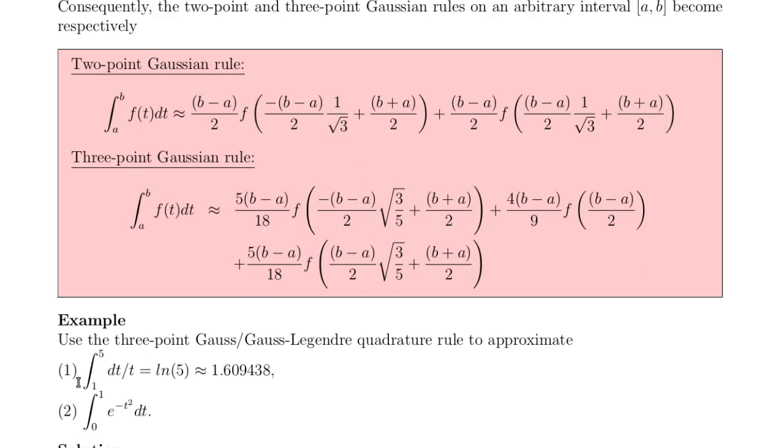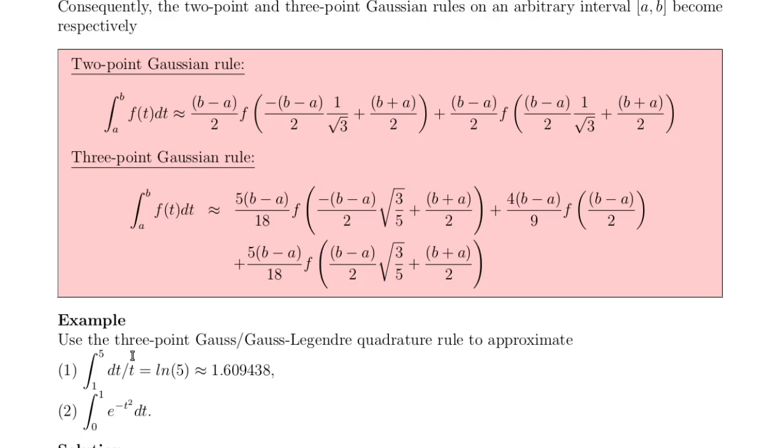We are going to use this 3-point Gauss quadrature rule to compute the integral from 1 to 5 of dt by t, and the exact value of this is ln 5, which is approximately 1.609438. And the second integral is the integral of exponential of negative t squared dt from 0 to 1.